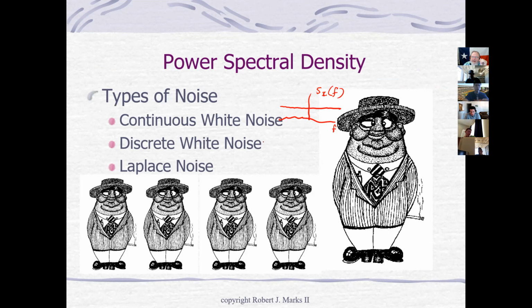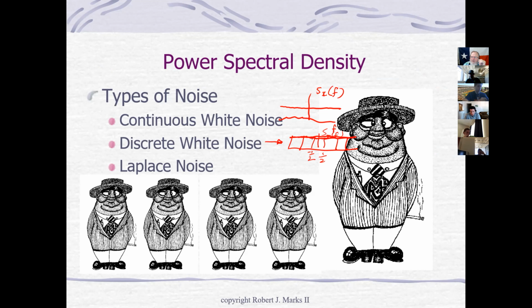There is discrete white noise. Discrete white noise, we said, was, well, anything discrete is periodic with an interval from -1/2 to 1/2, right? So if we replicate this -1/2 to 1/2 and we just keep it uniform, it also looks like it has a total power spectral density across all frequencies of the constant.